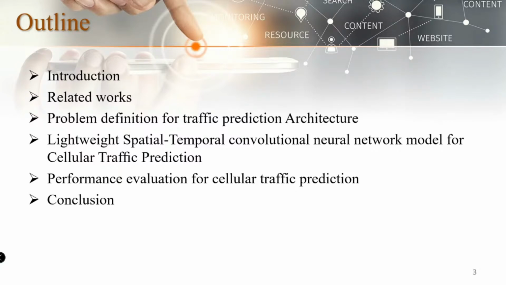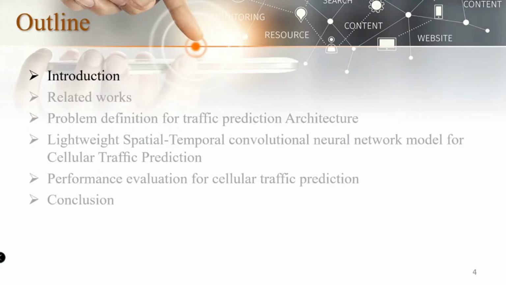Then I will propose a lightweight model called the Lightweight Spatial Temporal Convolution Neural Network model. In the next session, I will present result analysis. Finally, I will conclude my talk with several highlights.